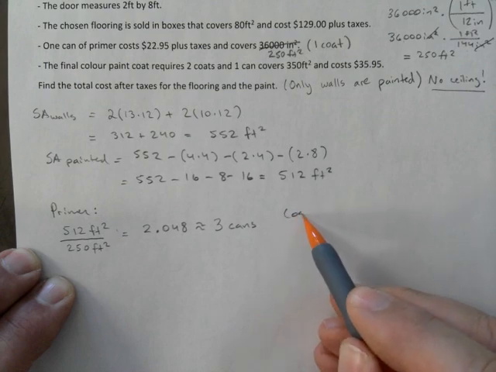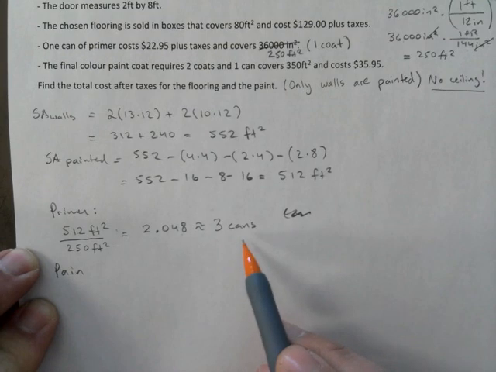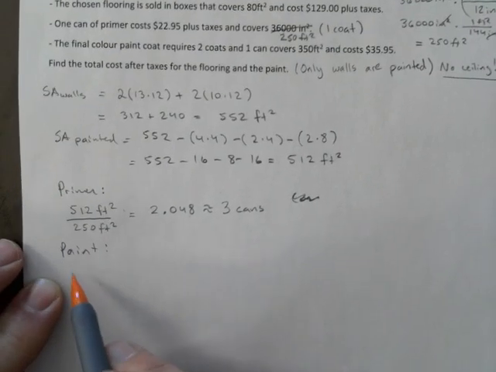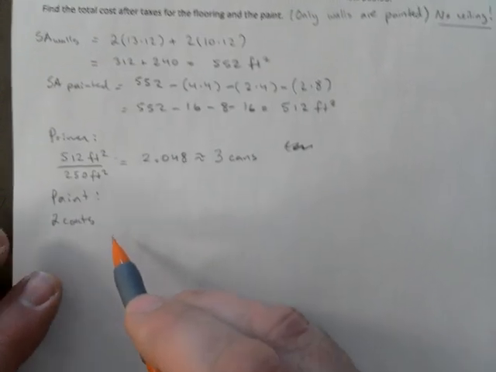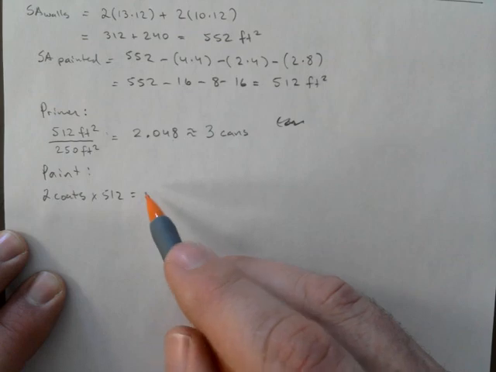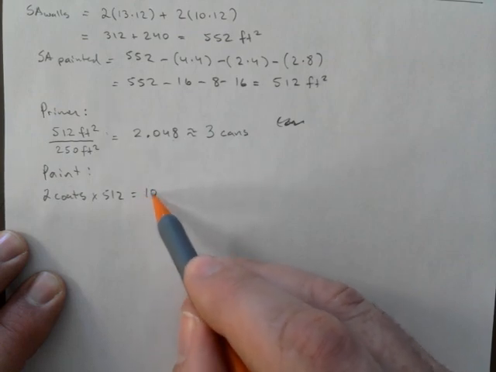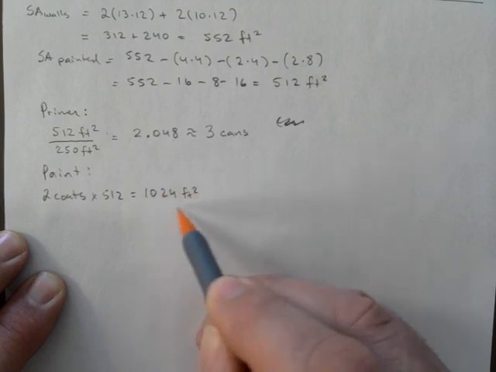So the cost, I won't do the cost just yet. I will do paint. So paint, watch how I do there. You need 2 coats, right? 2 coats of 512. So that is 1,024. That's how much paint I need to cover.